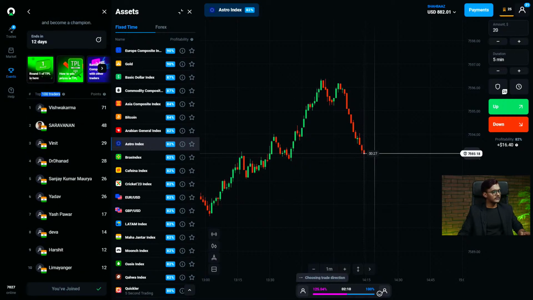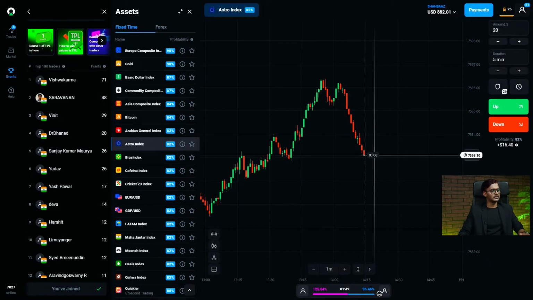So the points you are seeing here, for example here, you see 71 points, Vishwakarma. This guy has already won 71 battles, which is really impressive, because he is a very professional trader. He has beaten his opponent 71 times. And you can see nobody is near him, only a few traders are in the 20s range and 48s range.